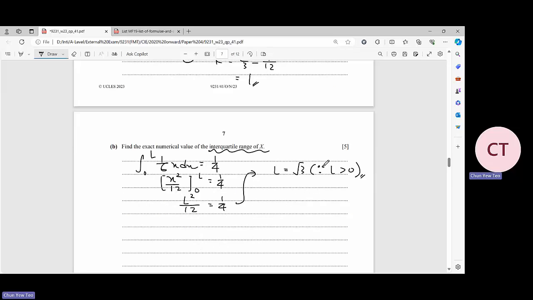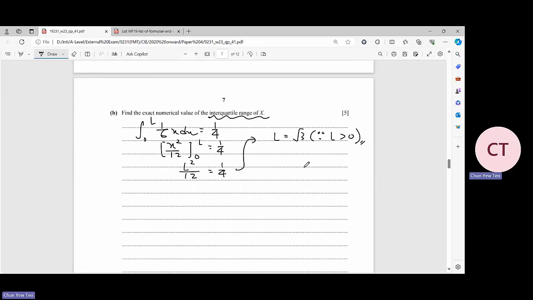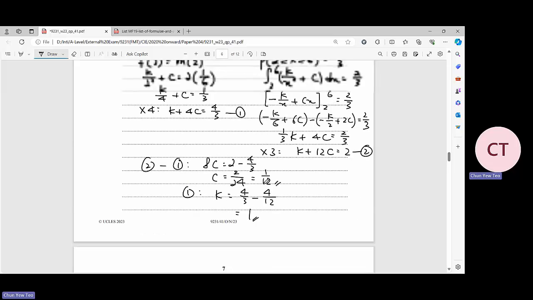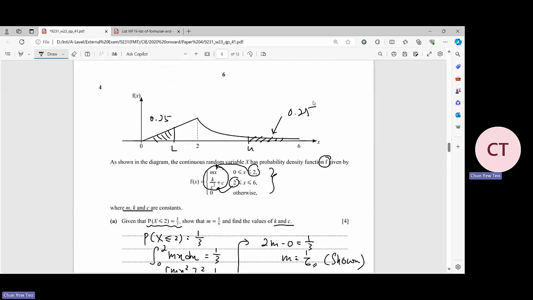That is the lower quartile. Then we go for the upper quartile: integrate from the upper quartile to 6 of k over x squared plus c, where c is 1/12. This will give you 1/4 as well. So I'm taking this portion.